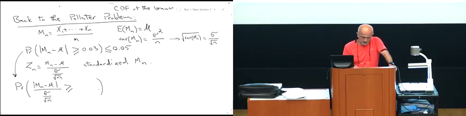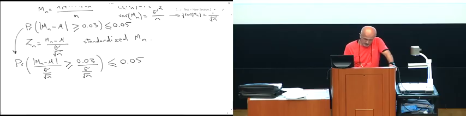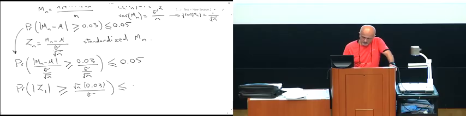What do I put here? Help me out. There are people waiting outside. 0.03 divided by sigma over root n. And I want this to be less than or equal to 0.05. Okay, let's clean this up a bit. So this means the probability that Zn is greater than or equal to root n times 0.03 over sigma is less than or equal to 0.05.